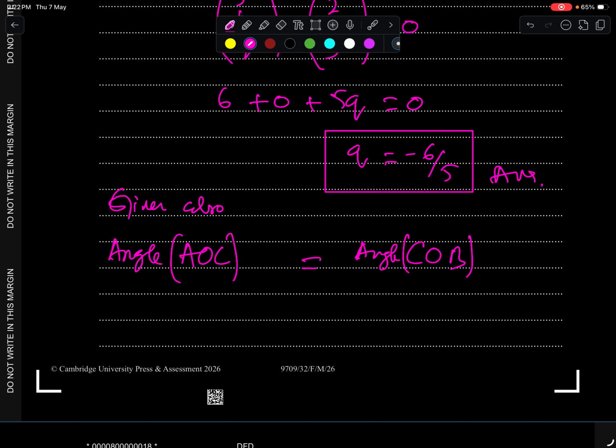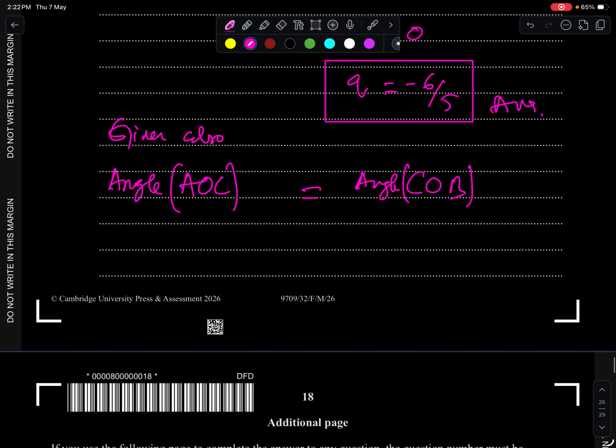Now, how to manage this? Read from the middle: OA dot OC divided by their magnitudes.